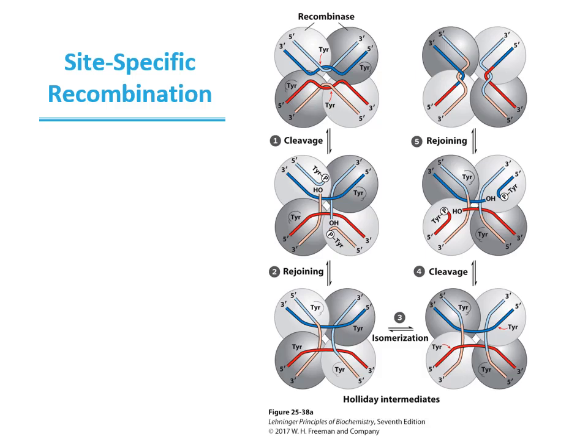In step 4, the other recombinase subunits cleave the two DNA strands that were not cleaved in step 1 through an identical mechanism used in step 1. In step 5, there is a rejoining of strands with chemistry that is identical to step 2, but with different partners. The final product is the site-specific recombination.